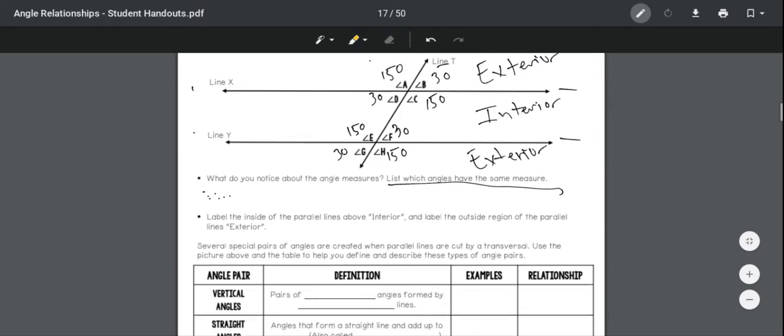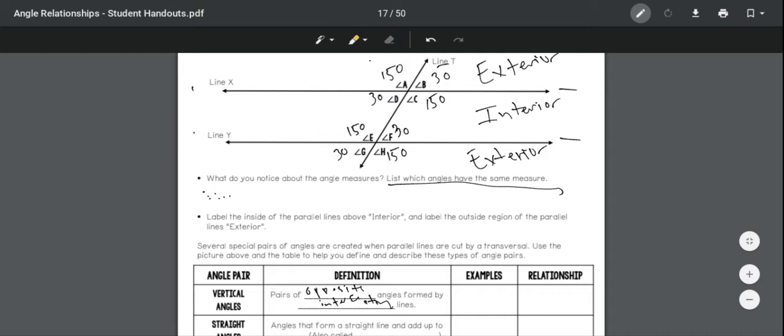So vertical angles from last year. Those are pairs of opposite angles formed by intersecting lines. So you can write the word intersecting here, because if you're listening, it shouldn't matter how I write. Right, Telly?